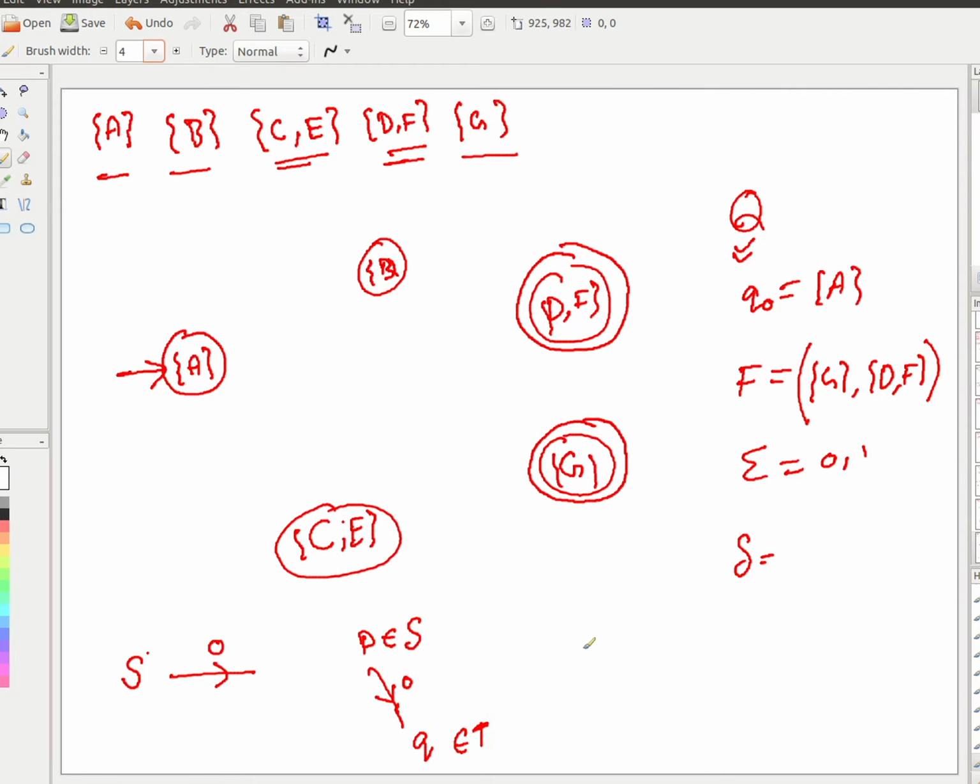Then you establish that delta of S comma 0 will be T. So S and T are blocks. So for S at 0, you pick any element of S and see where it is going at 0, and to whichever block that element Q belongs, that is where it will go. Why will it always be sure for any of the elements in S?